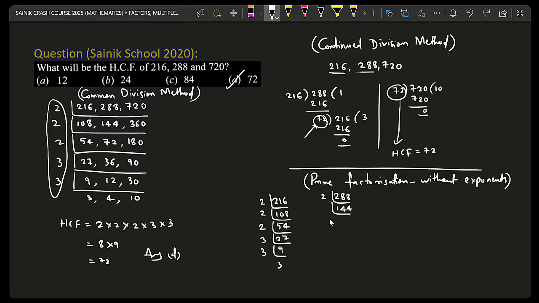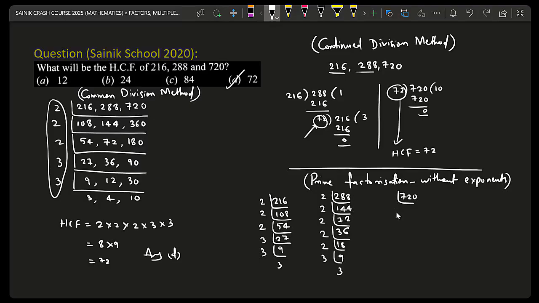Next. 2 sevens are 14. 2 twos are 4. Next. 2 threes are 6. 2 sixes are 12. Next. 2 eighteens are 36. Next. 2 nines are 18. Next. 3 threes are 9. Okay. So we got a prime number. We can stop. And the next number is 720.